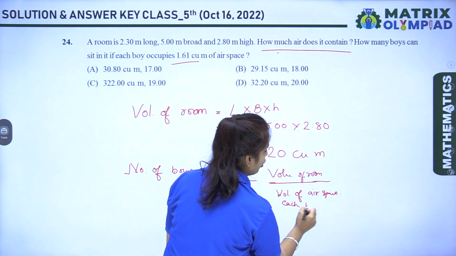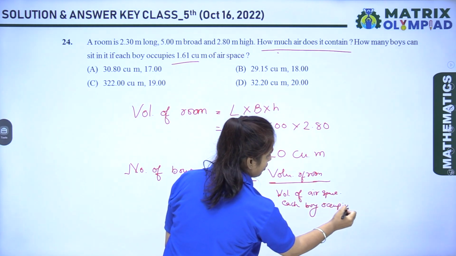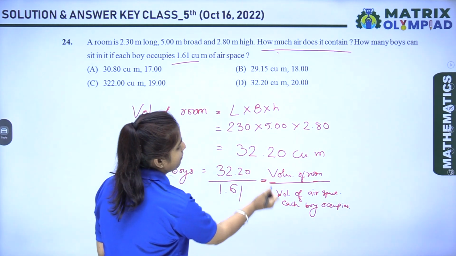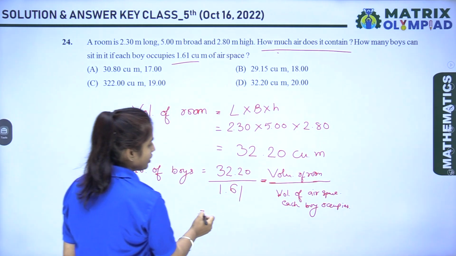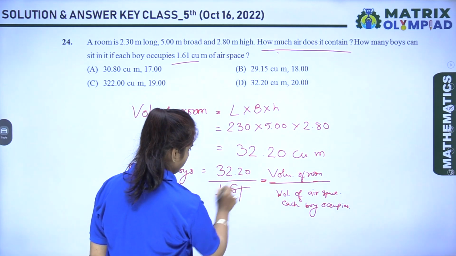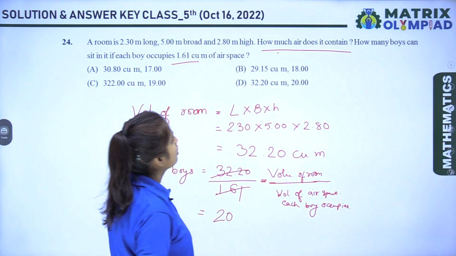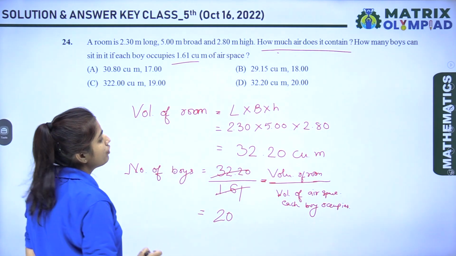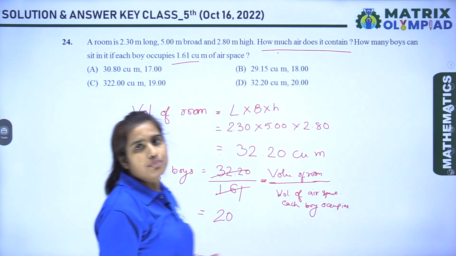After doing the calculation, in the lowest terms, we get 20. Now from the options, we have to check the volume and the number of boys.